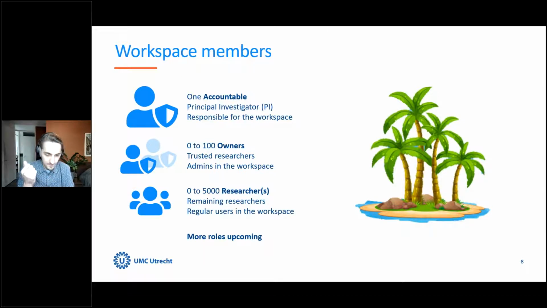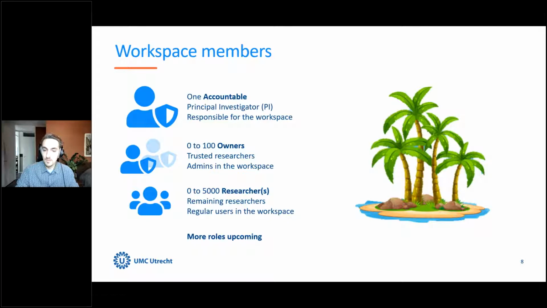I can understand the confusion. So the owners are registered within the system. Those are the people that can perform administrative tasks within the workspace. They do not need to be the principal investigator.